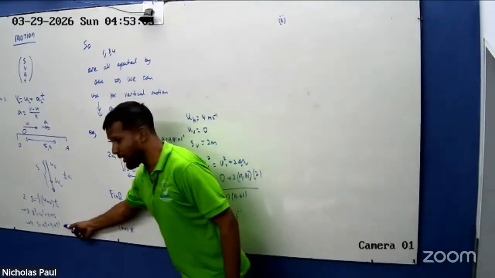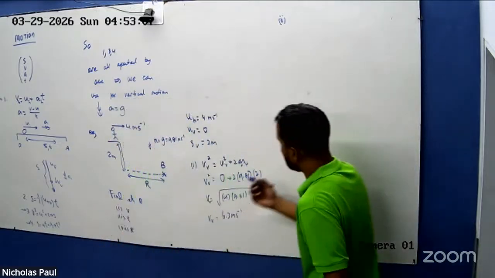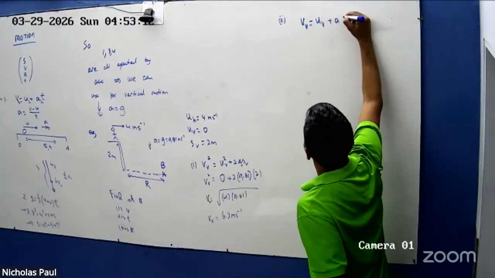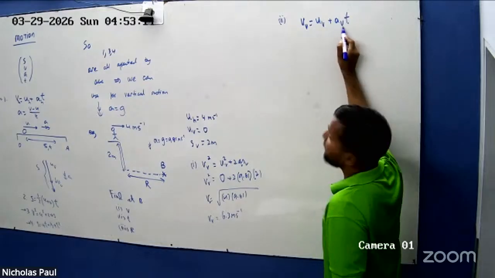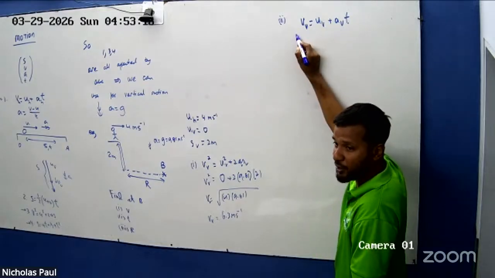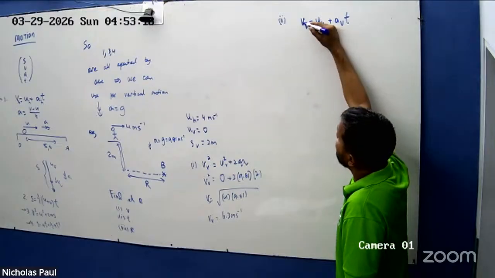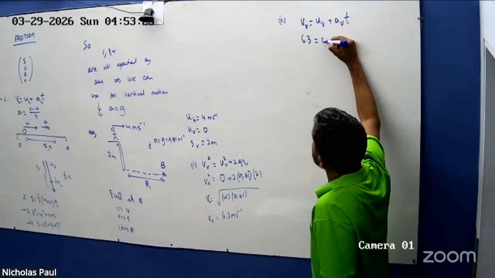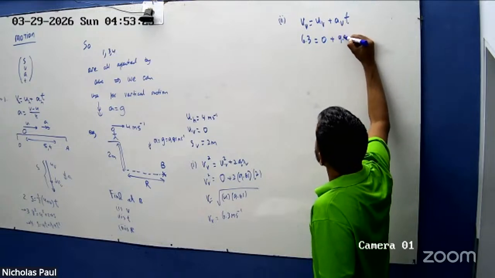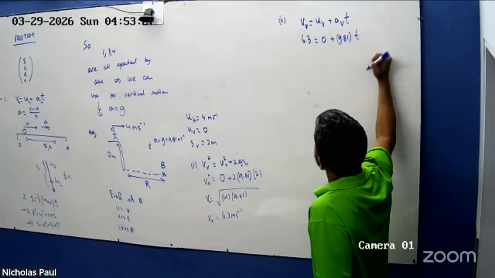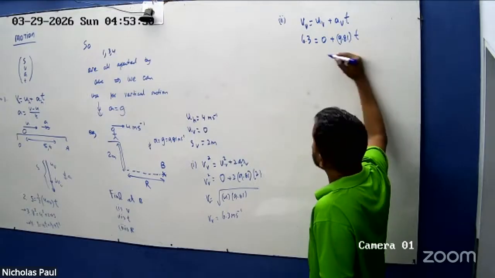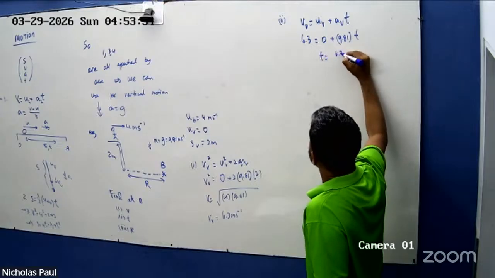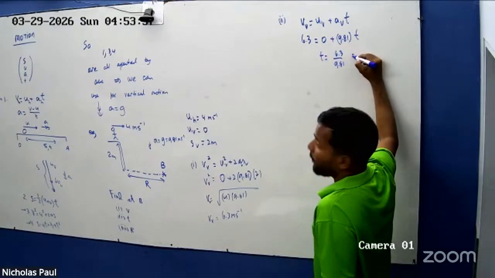Or we could use the last one as well. Either could work, right? So let me use the first one, since you say let's use the first one. I keep writing this to remind you everything is in the same direction. What was the final vertical velocity? 6.3. Initial, 0. Acceleration, 9.81. And we can make t the subject of the formula. So t is 6.3 over 9.81.